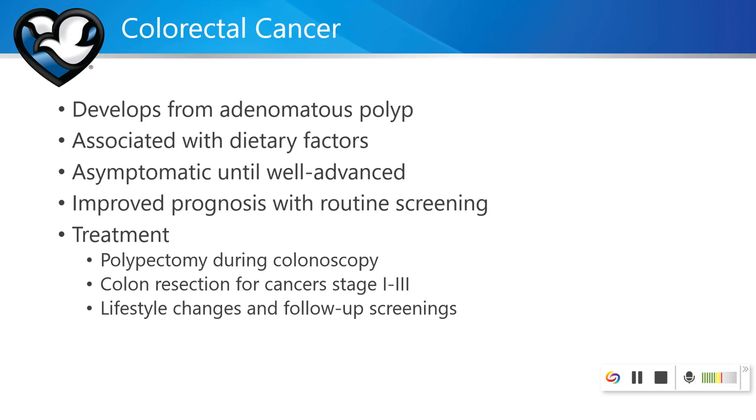When present, clinical manifestations may include lower abdominal pain and tenderness, blood in stool, changes in bowel habits, narrow stools, unexplained anemia, and unintentional weight loss. Routine screening can dramatically improve prognosis, and screening tests include stool-based tests such as Cologuard, flexible sigmoidoscopy, CT colonography, or colonoscopy.